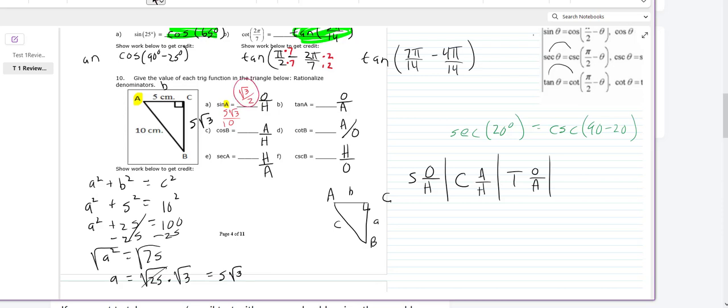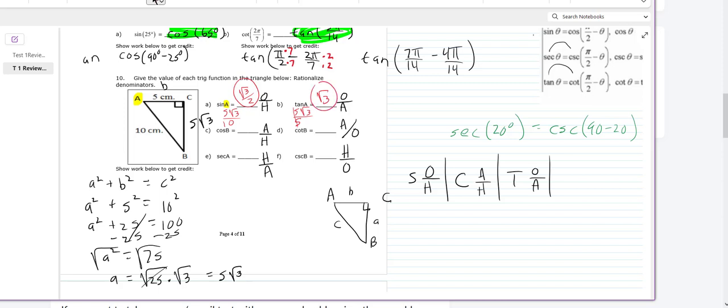That's just opposite over hypotenuse. If you do tangent of A, tangent is opposite, which is 5 root 3, over adjacent, which is 5. Opposite is on the other side of the triangle. Adjacent means next to. The 5s would cross out, giving you square root of 3.